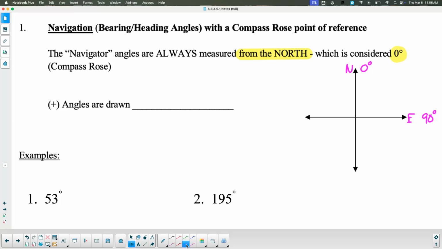So these angles, positive angles here now, are drawn counterclockwise. No, correction. That's regular clockwise. Unit circle is counterclockwise. I know. Guy can make one mistake. That's my one mistake for the day.